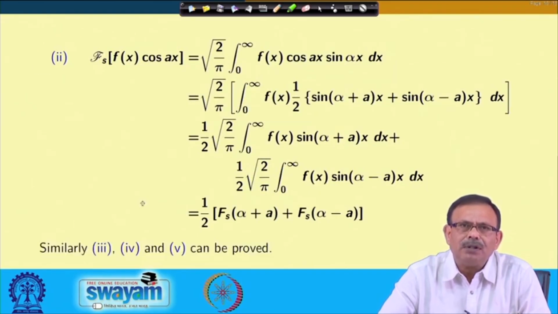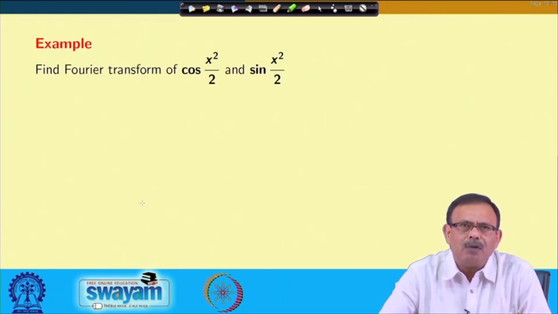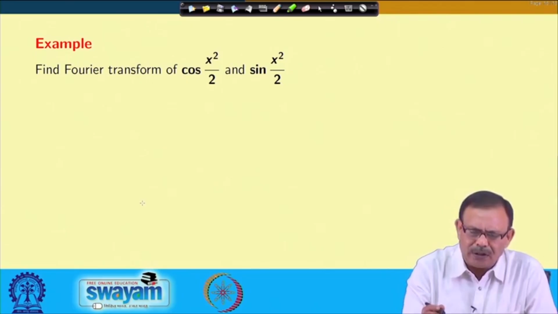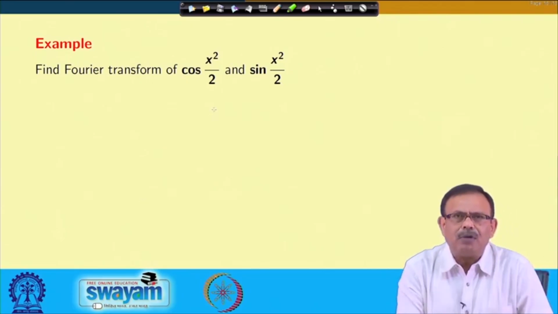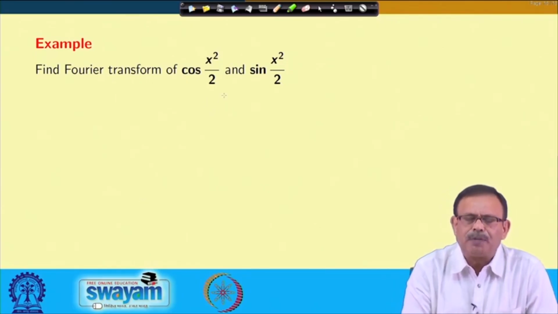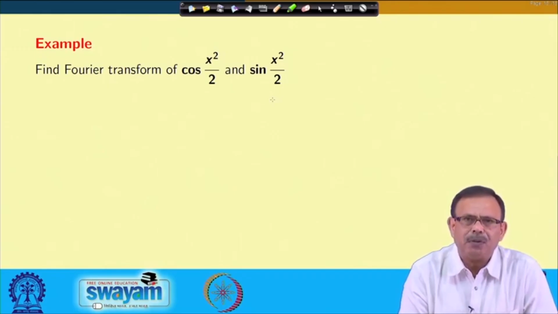Now, let us take an example. I want to find out the Fourier transform of cos square x by 2 and sin square x by 2. Let's start with something different. Although I want to find out the Fourier transform of cos square x by 2 and sin square x by 2, I can do it in two ways.